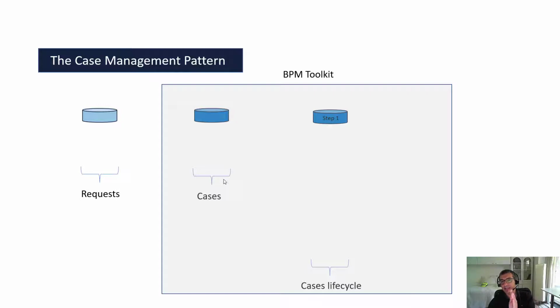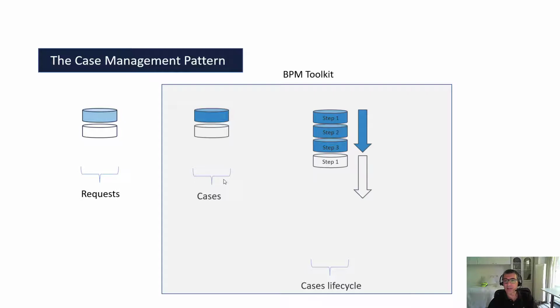And this case will go through different steps, different approvals, for instance. Could be something different than an approval. So this case will have step 1, step 2, step 3. Then someone creates a new request, could be an HR request or an incident request, or whatever. It will become a case, and the case will have a different life cycle.